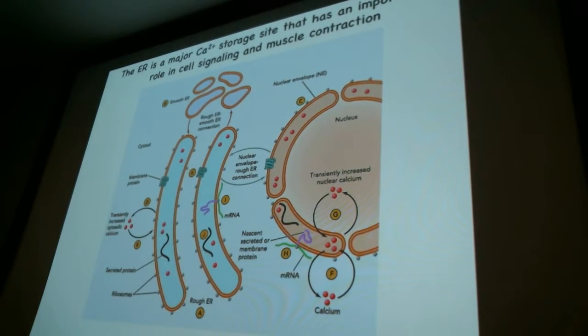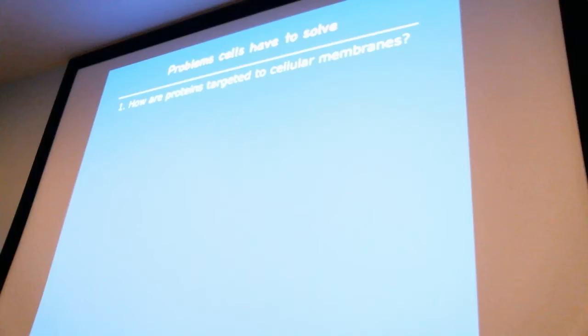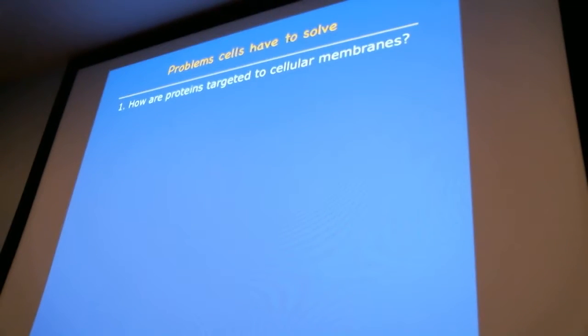So we went through three functions of the ER already, right? Protein synthesis, lipid synthesis, and storage of calcium for signaling. So let's think now of the problems that cells have to solve. One important problem is, when we talk about protein synthesis, everybody imagines the ribosome and messenger RNA being copied and translated, but there's a big difference between making a protein that is going to live in the cytoplasm and a protein that has to insert on the membrane.